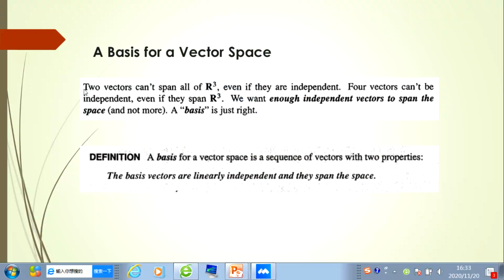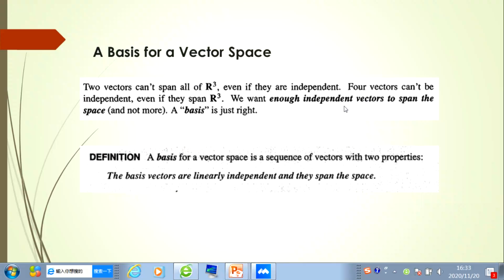So two vectors cannot span all of R3 because two vectors are not enough, even if they are independent. So two independent vectors are not enough to span R3. But four vectors in R3 must be dependent. That all depends on the dimensions of this R3.